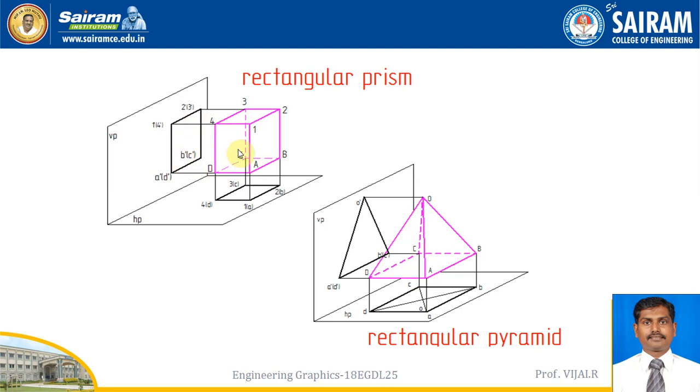So this is the vertical plane, we will get the shadow or image here, and this is the top. From the top, if you see, it falls on this horizontal plane. We know already the front view will be located in the vertical plane, and the top view will be here in the horizontal plane.